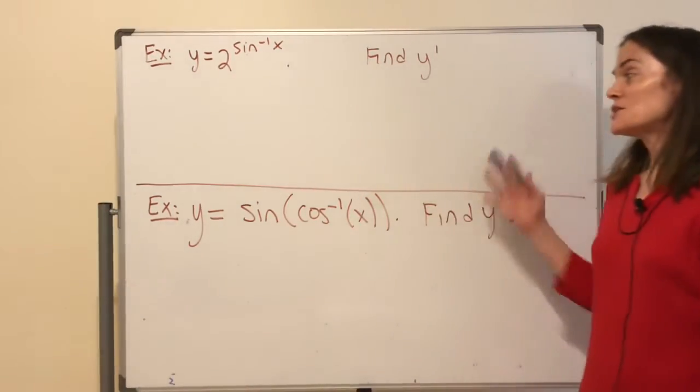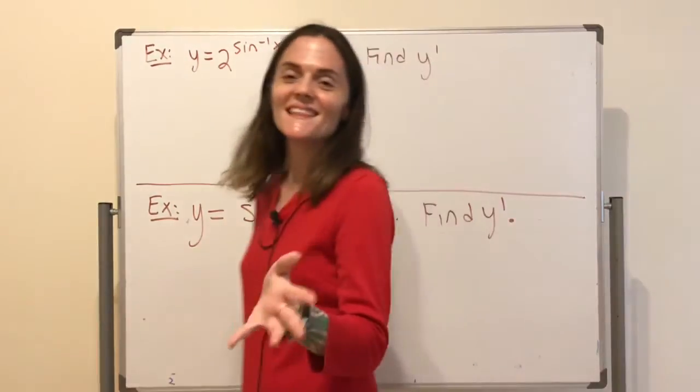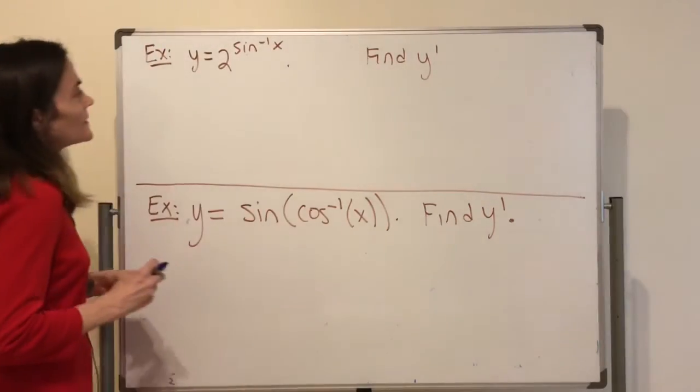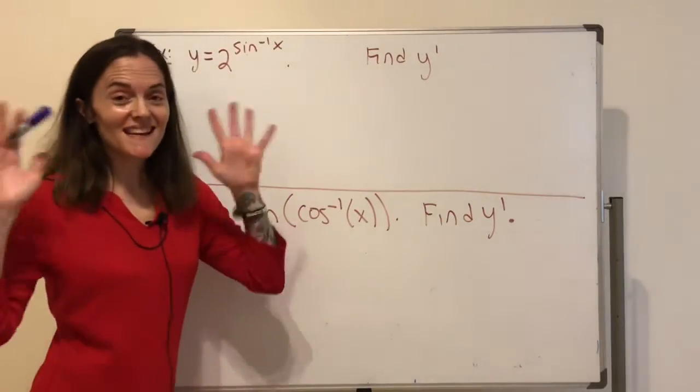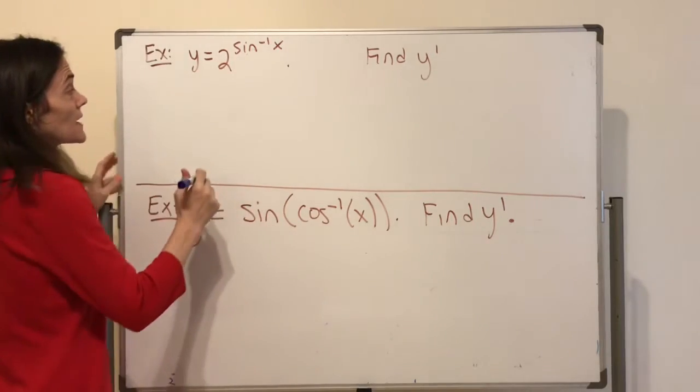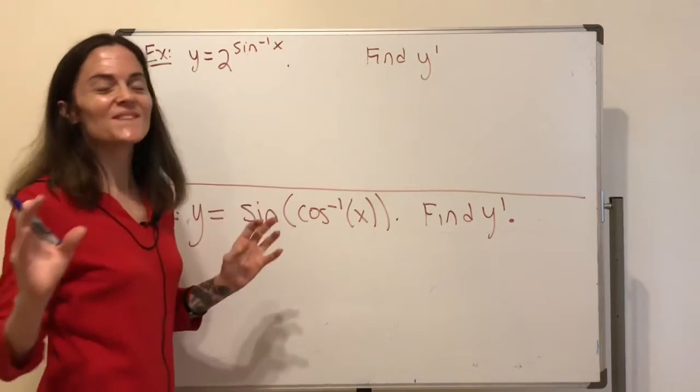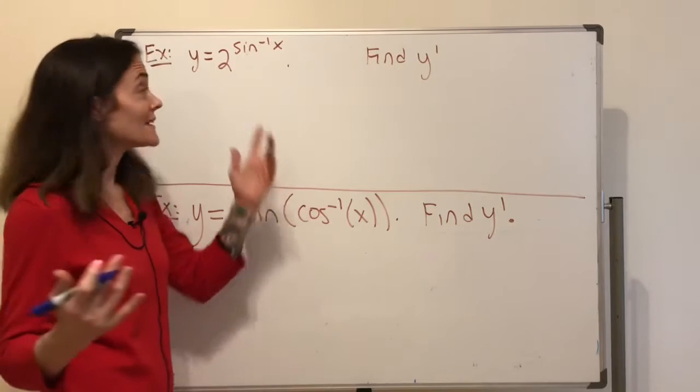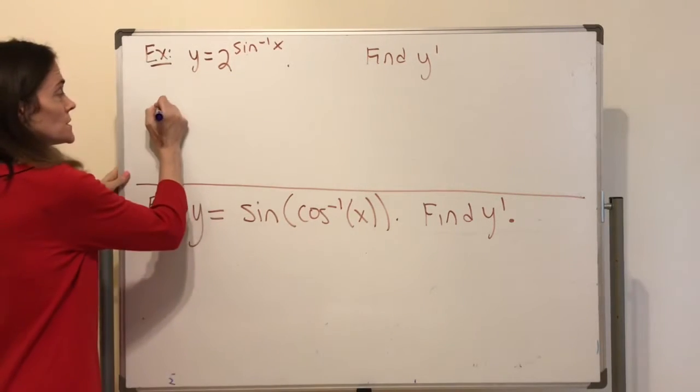Well, here are two examples to find the derivative. Here we have 2 to the sine inverse of x. This is a chain rule. Inside function is the inverse sine, and the outside function is 2 to the x.